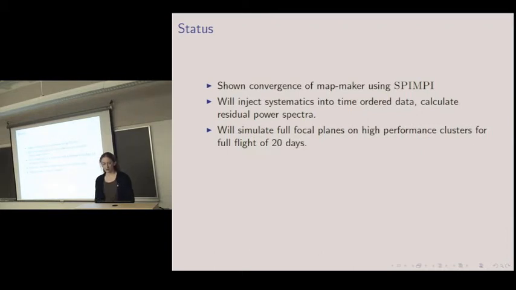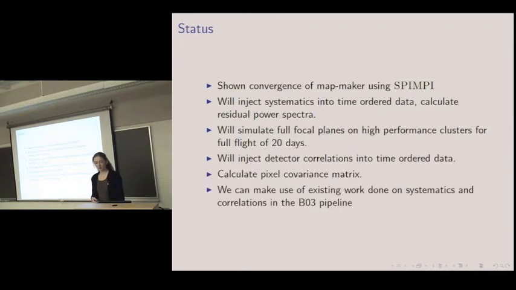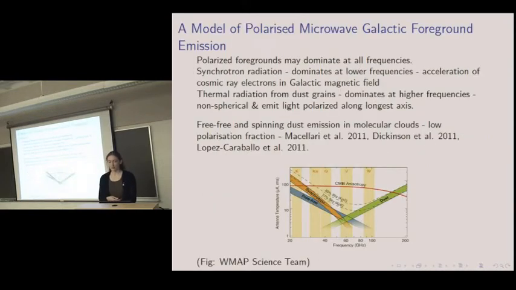And also we have to implement the calculation of the pixel covariance matrix and store it in this matrix. And we can make use of existing work from the BOOMERanG pipeline on this, so it's not as far away from being ready as it would seem. So that's all that I'm going to go over with regards to the map making status.